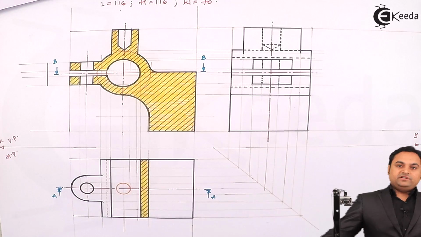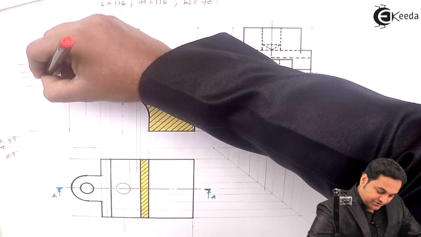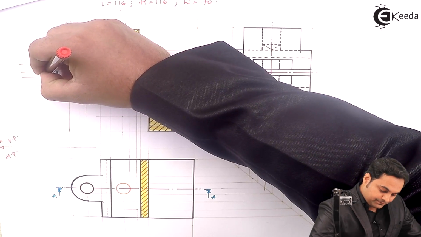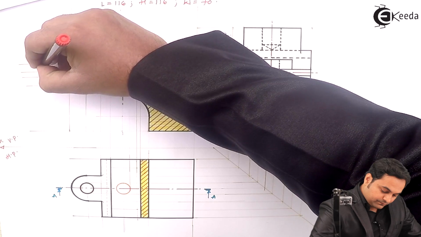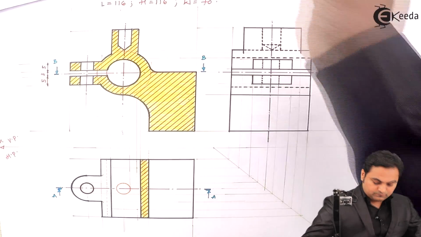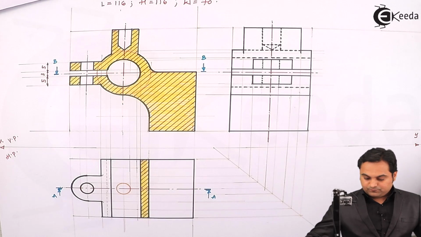So here when I'm giving the dimensions, I'll give the original dimensions, although I've drawn it with double the scale. These are the plates.